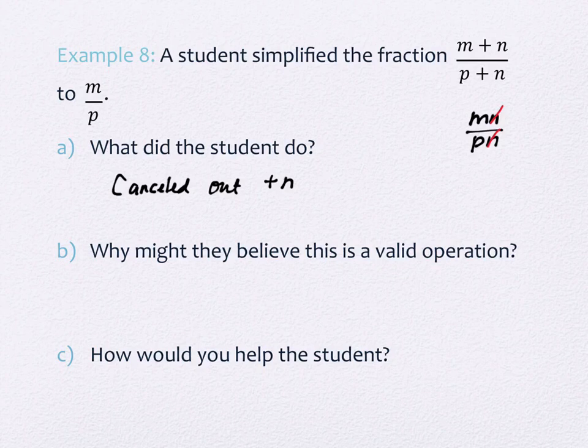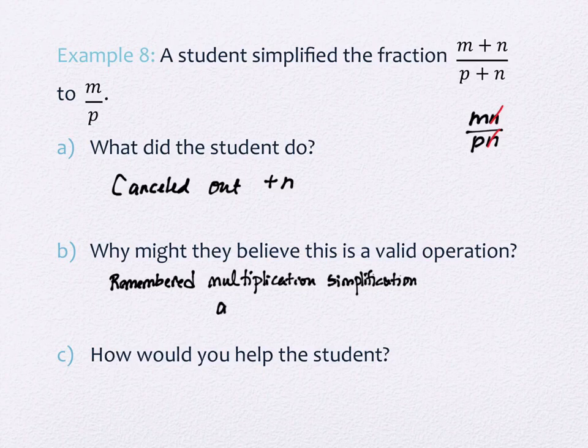They remembered something that was valid, just the context was wrong. So that's what the student probably did, is that they remembered multiplication, simplification, and tried to do it to addition.